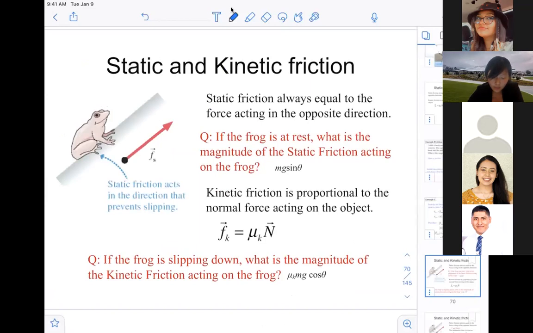So for kinetic friction, we know that for static friction, it's always changing depending on what force is in the opposite direction.